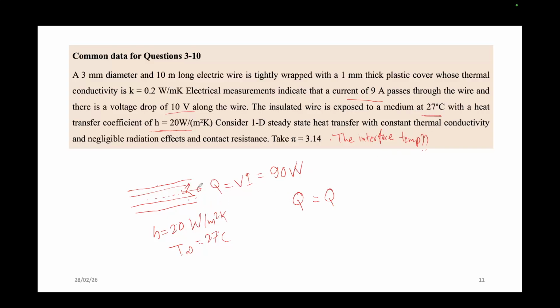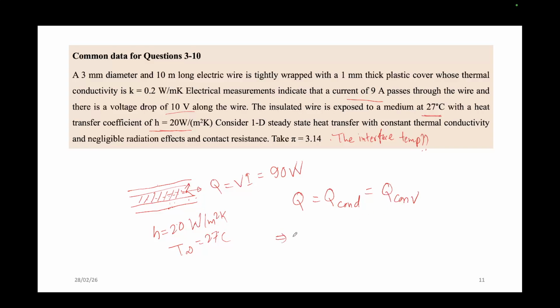Whatever heat is flowing inside this wire will be transferred by conduction through this insulating layer. Some amount of heat will be lost, and whatever heat transfer happens here will be lost to the atmosphere, which is convection, right?